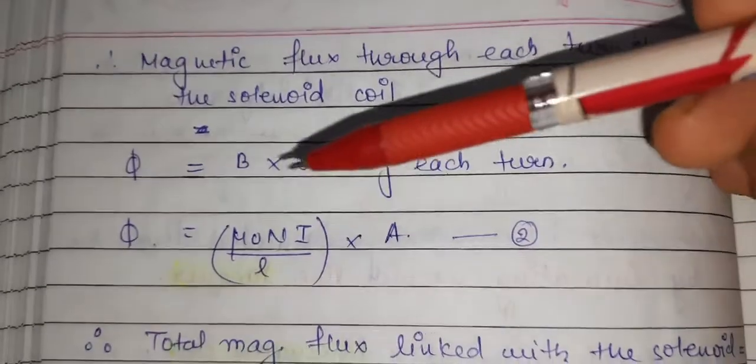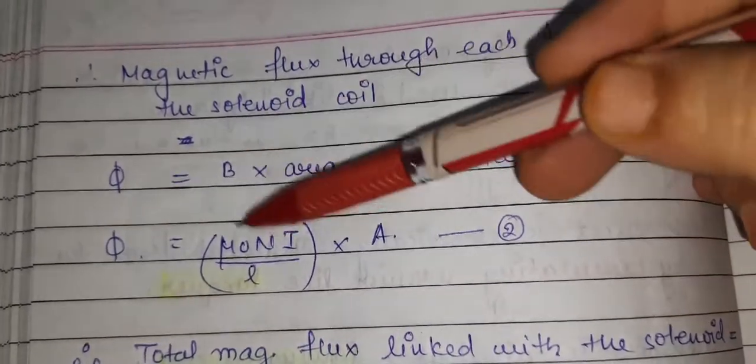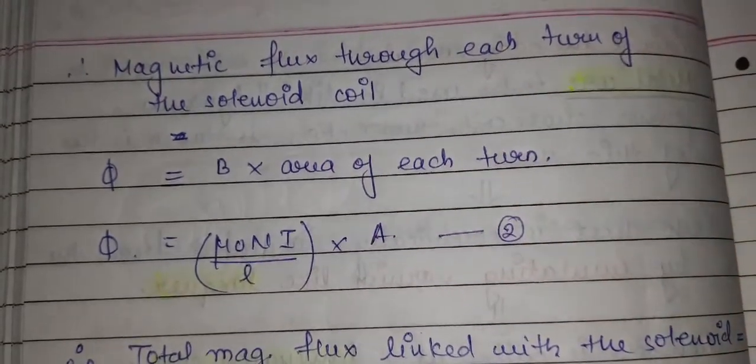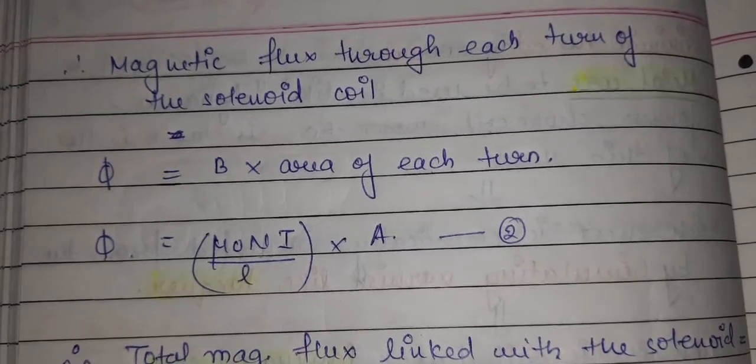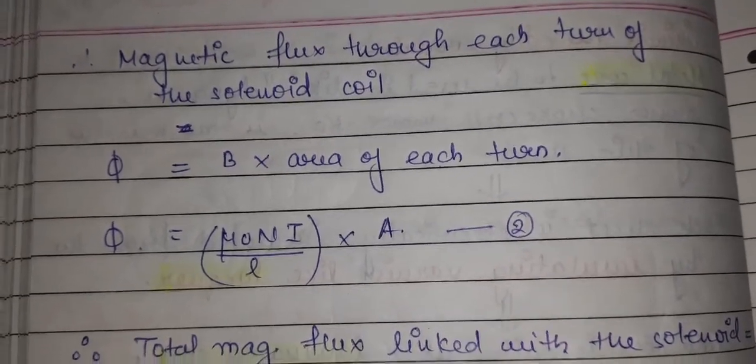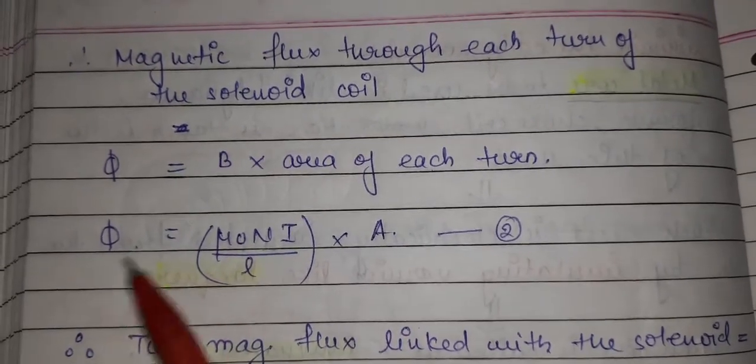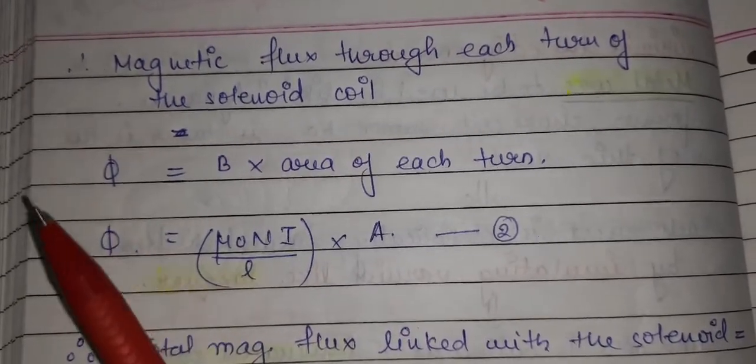So we can put the value of the magnetic field crossing through that area, that is mu naught n I upon L, multiplied by the area of that turn. Here we have taken A as the area of each cross section. So this is the magnetic flux through each turn of a coil, meaning one single turn.